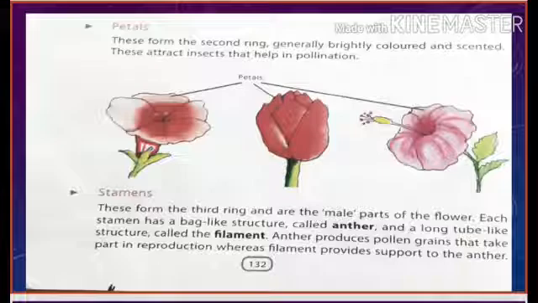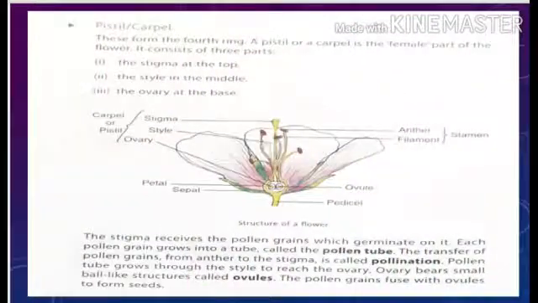Let's move towards the fourth ring of the flower, that is called the pistil or carpel. Pistil or carpel is the fourth ring of the flower, and this is the female part of the flower. This part of the flower consists of three parts: ovary at the base, style in the middle, and stigma at the top.